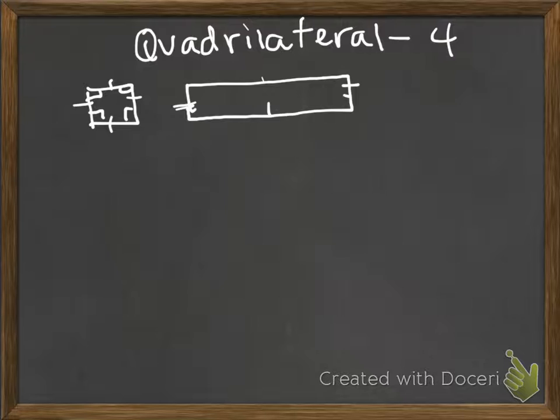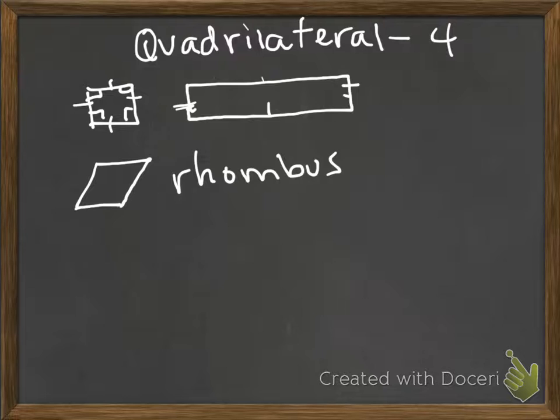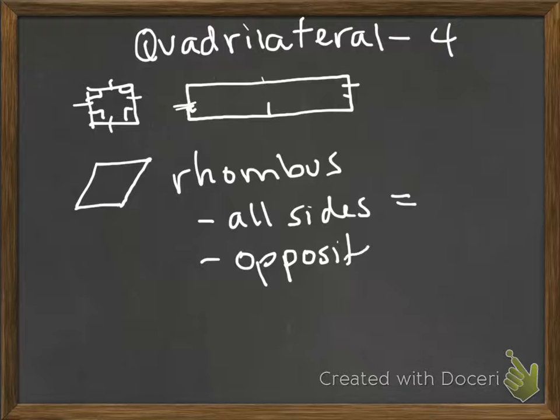We have rhombuses. Now, usually rhombuses are shown like this, but a square can also be a rhombus, and this is why. A rhombus must have all sides equal in length, it must have opposite sides parallel, and it must have opposite angles equal.